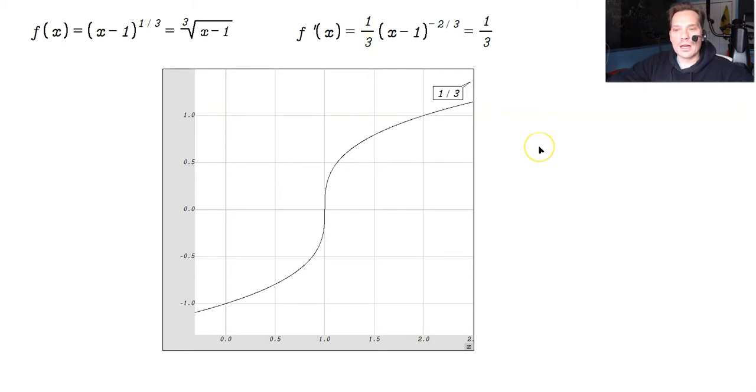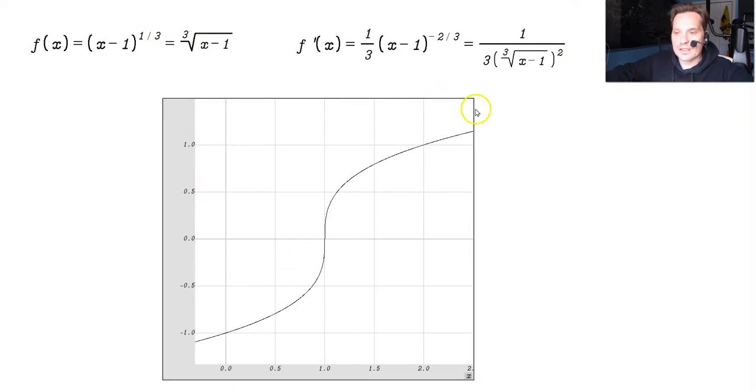Now on the bottom, remember, the 3 tells you the index of the root, and the 2 just stays out, right? And the negative tells you to put it in the bottom. So you're going to have, in other words, the cube root of x minus 1, but it's squared. So now let's graph this: 1 divided by 3, and the cube root of x minus 1 quantity squared.